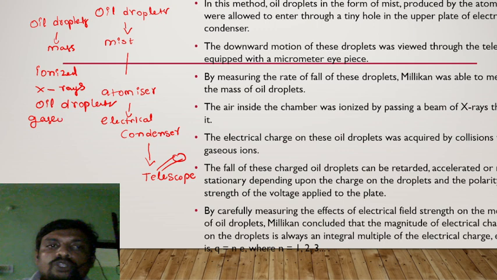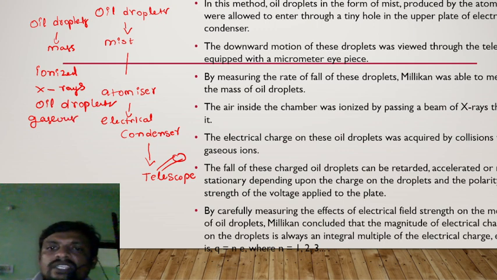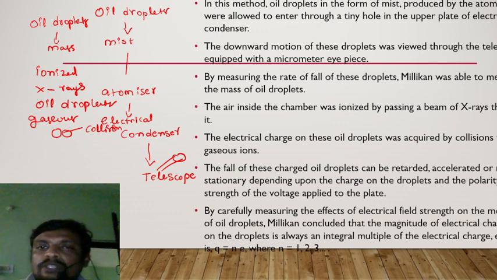When the small collision happened, the electrical charge on these oil droplets was acquired after collision with the gaseous ions. Because of this collision only, he was able to observe the electrical charge of these oil droplets.